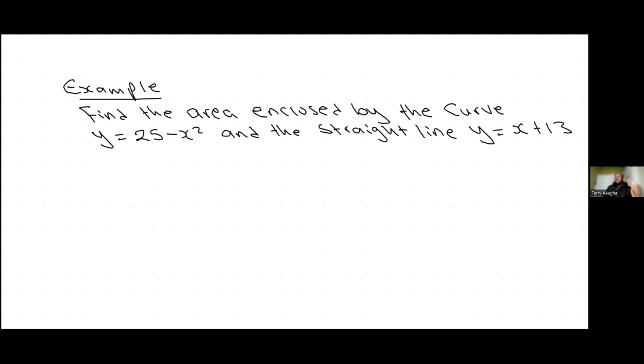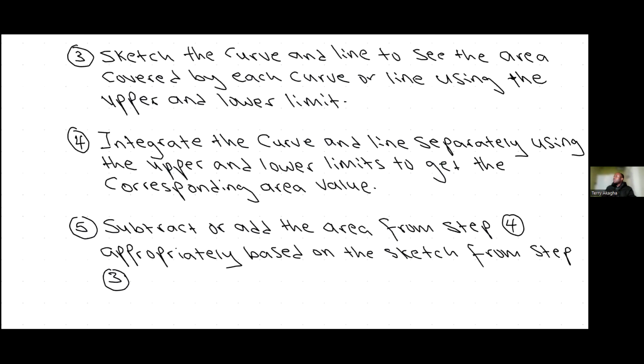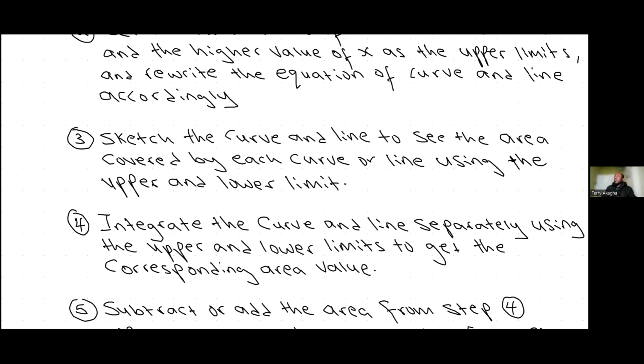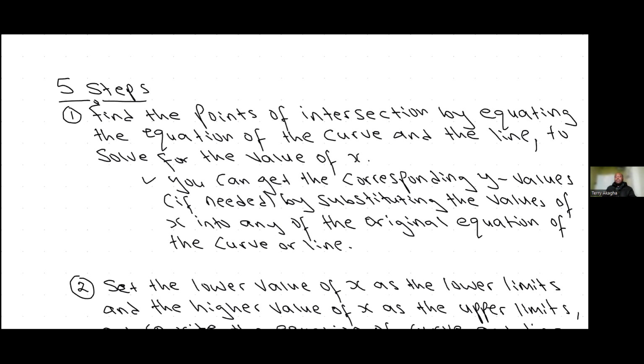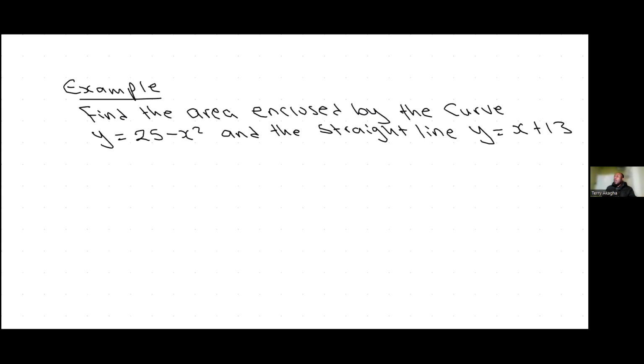So let's start now. What's the first step? The first step, we need to find the points of intersection by equating both of them. So I'm just going to quickly sketch the curve so that we'll be on the same stage. If we have a curve like this, y is 25 minus x squared.